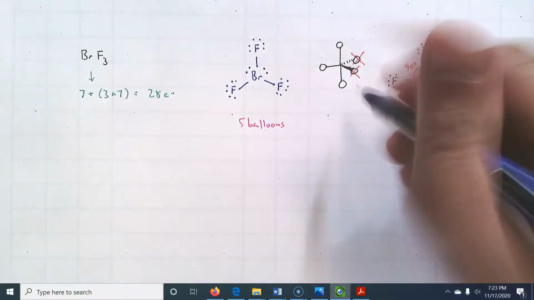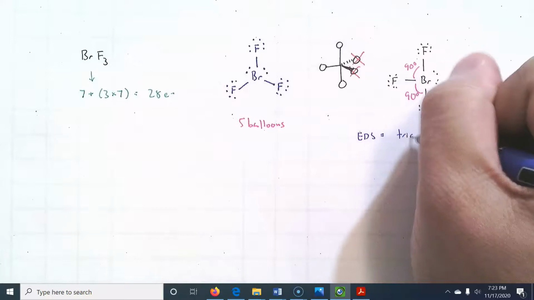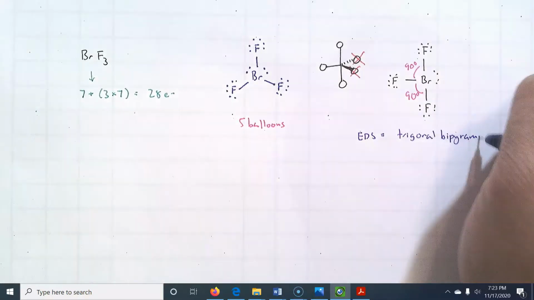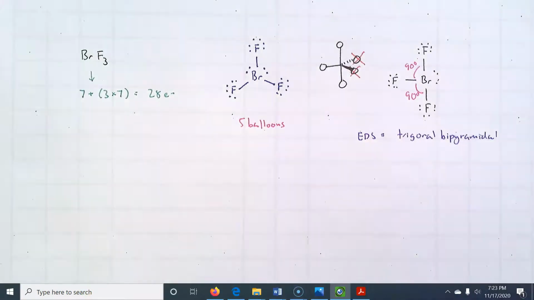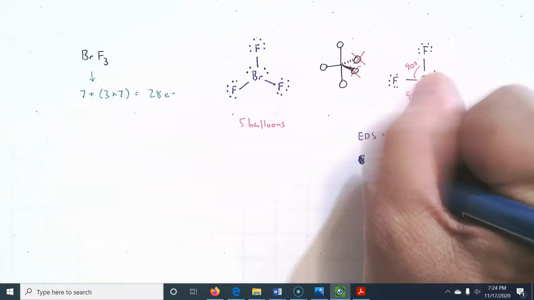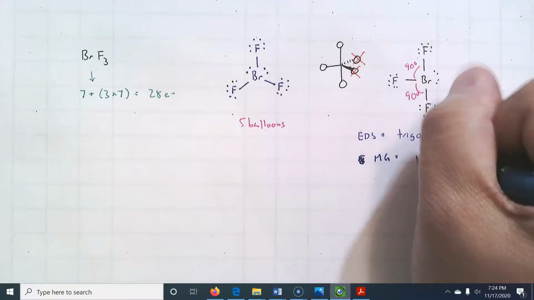So in terms of the EDS, the electron domain shape, Trigonal Bipyramidal. In terms of the molecular geometry, T-shaped.